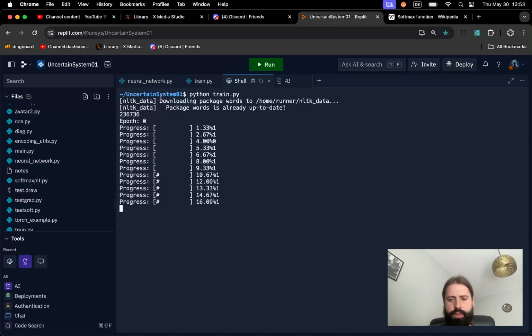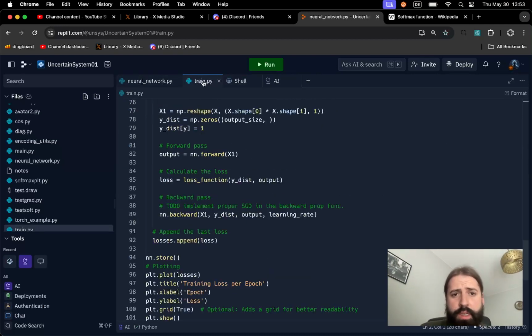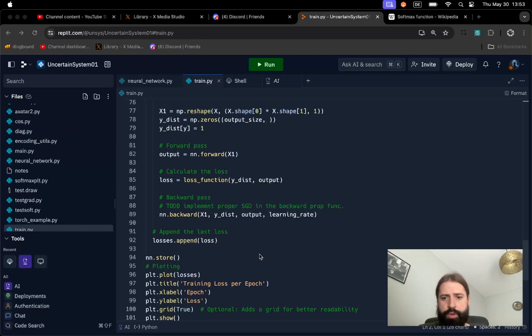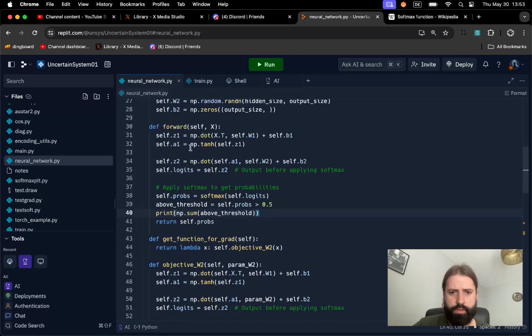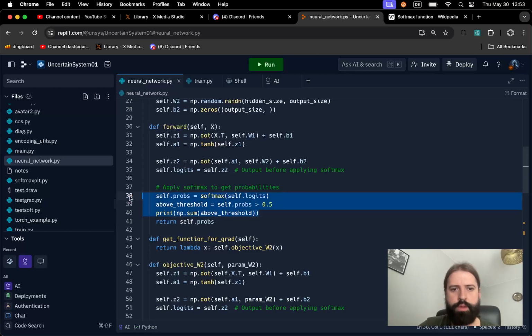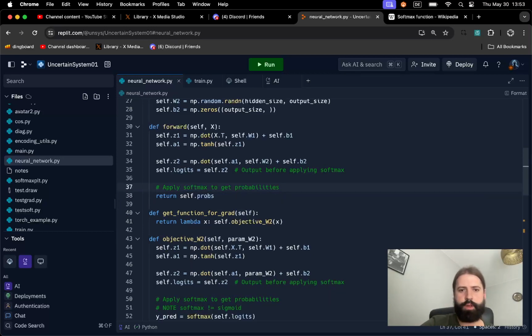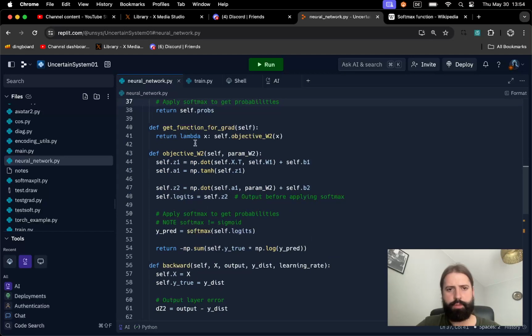Okay, so the threshold being 0.5. What I'm trying to get at is, why isn't it working? Why is the derivative of this... Fine. No, return. Softmax.